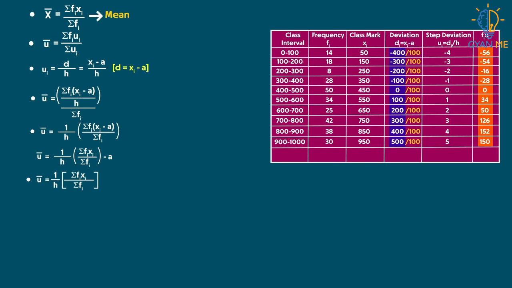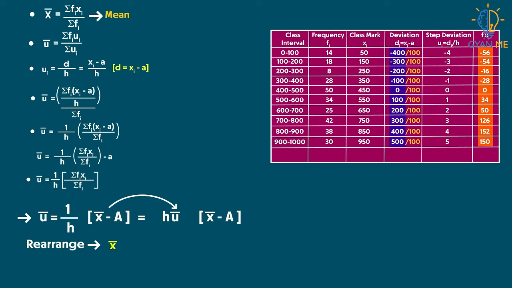Therefore, substitute this in the equation and we get u bar is equal to 1 upon h into x bar minus a, which is h u bar is equal to x bar minus a. Now students, rearrange this and we get x bar is equal to h u bar plus a, that is mean x bar is equal to a plus h u bar.